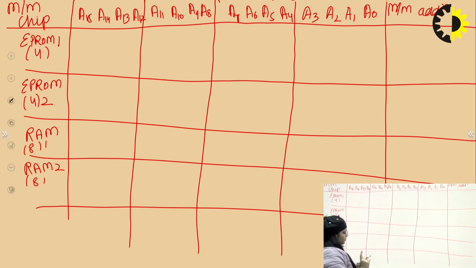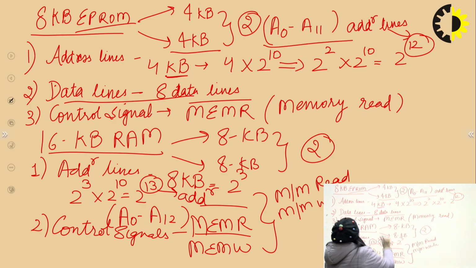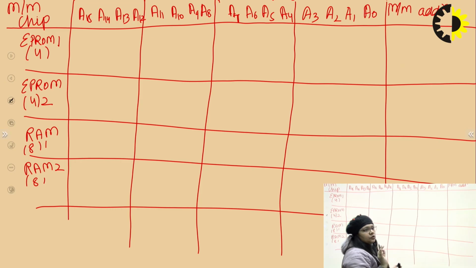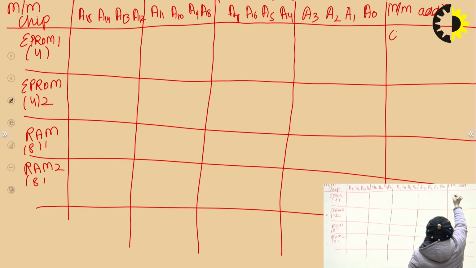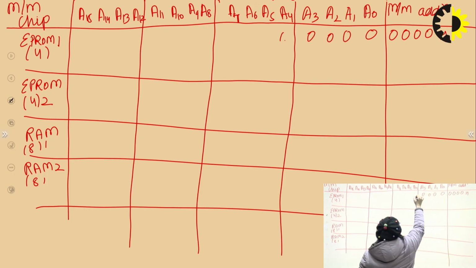Now, for the memory mapping, the very first thing is how many address lines are required for that particular memory chip. So we can see it from here. Total 12 address lines are required for EPROM. For example, the starting address is 000H. As it is a 64K memory, all the address lines are 0, so I can mark 0 here.